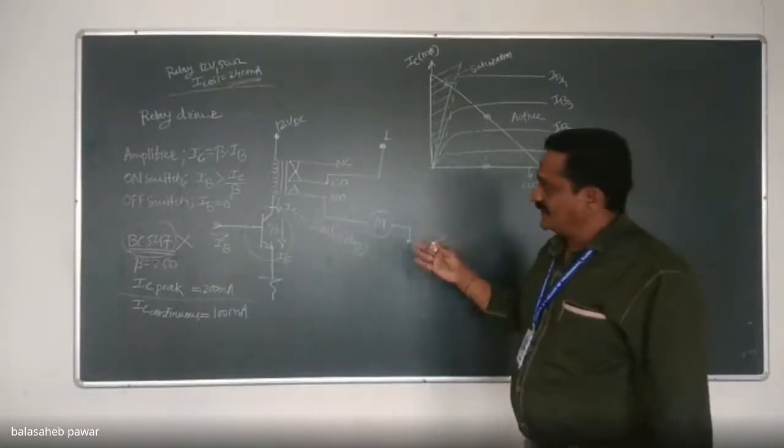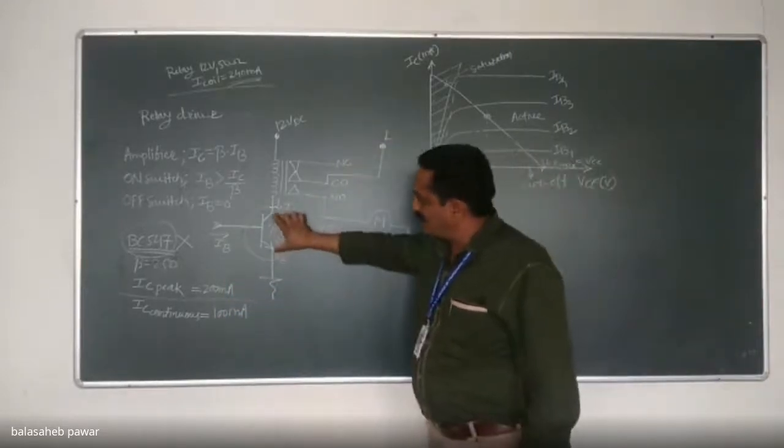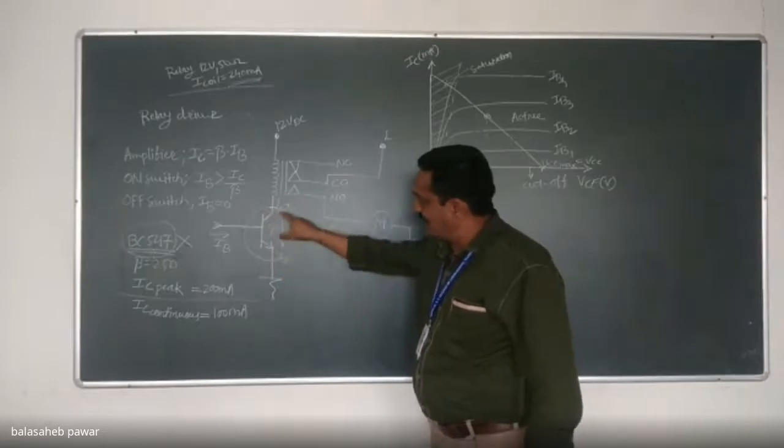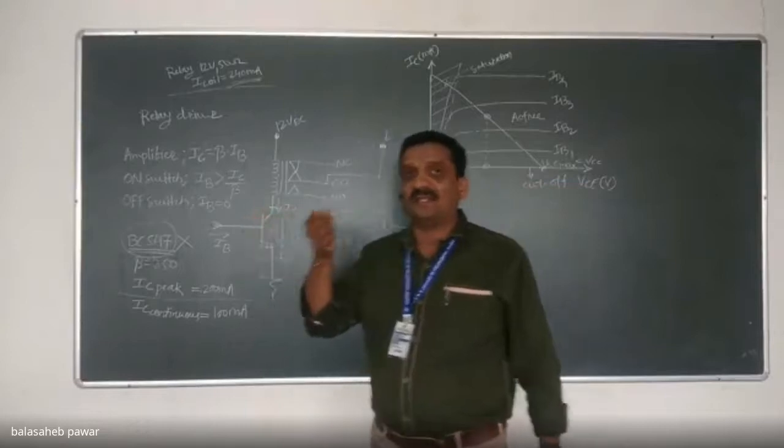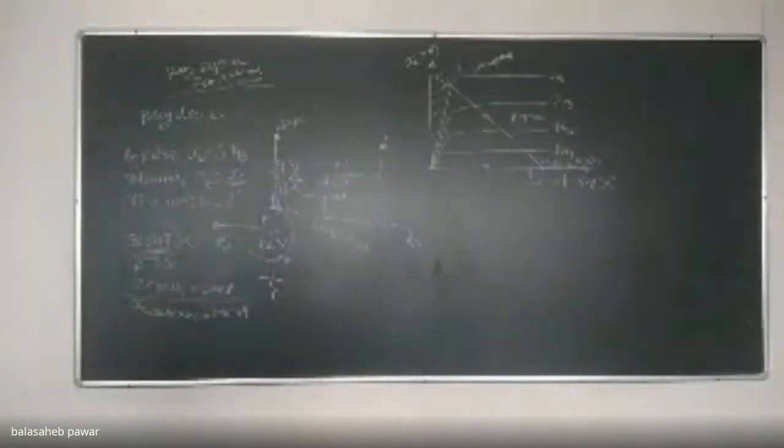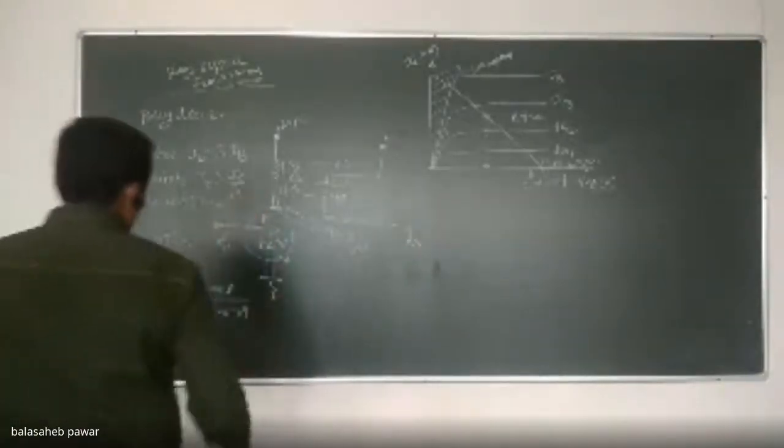But being a switch, how much should the voltage drop, that is VCE across that transistor, be? Should it be as large as possible or as small as possible? Yes, as small as possible. Being a switch, the voltage drop across that switch should be minimum, or it should be closer to 0 volts, right?